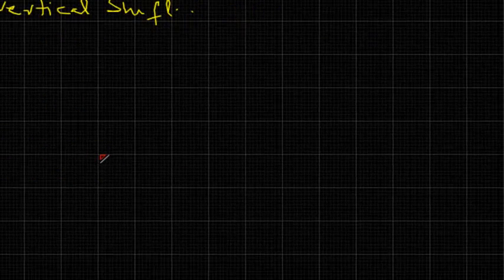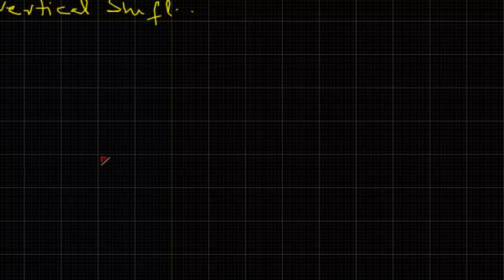Now let's see what is the shape of this graph. Absolute value of x minus 2 plus 1. So x minus 2 means the graph moves 2 points towards right hand and 1 point above x-axis.